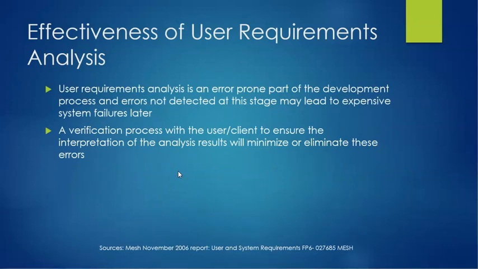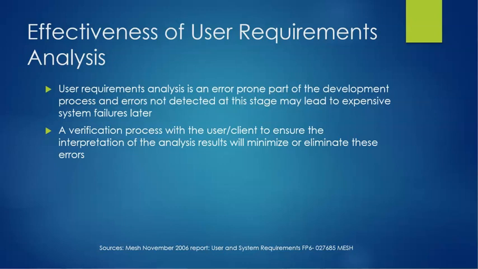It will be easy to analyze customer requirements and get the wrong results. Developers and designers must be careful of falling into not detecting these errors at the development stage. A verification process with the user or the client is needed to ensure the interpretation of the analysis results, or what we collected, was correct.